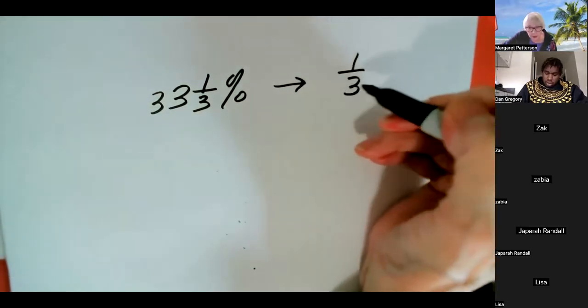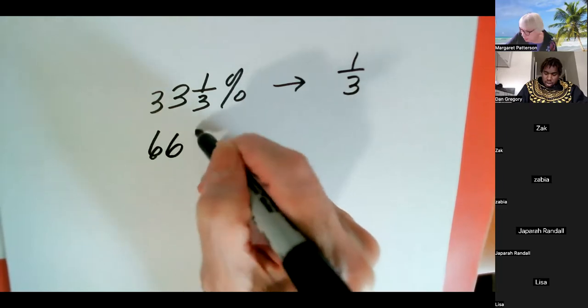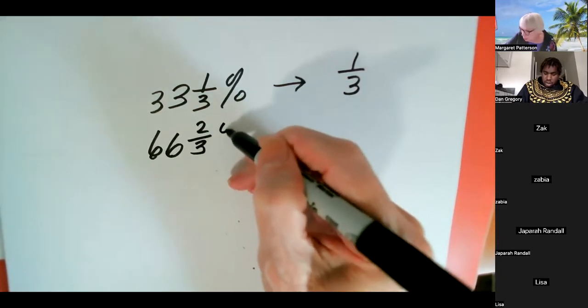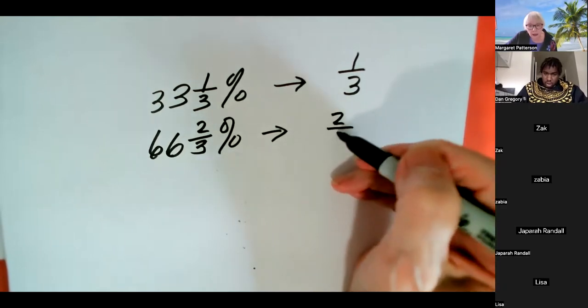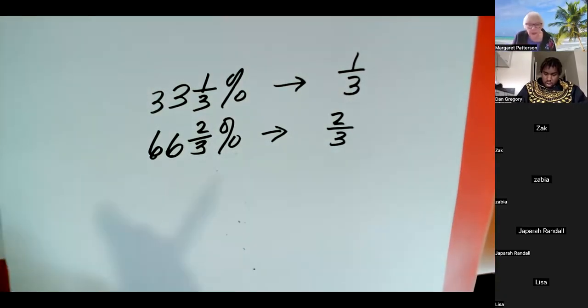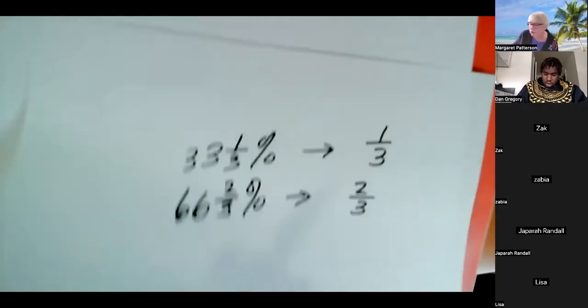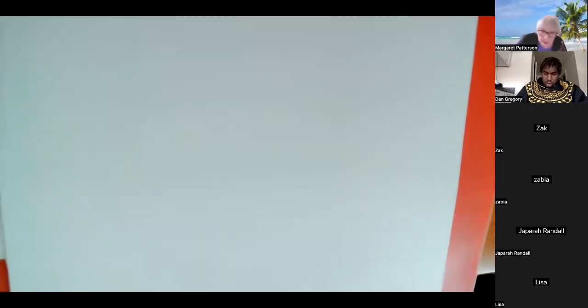Don't think about it, just write it. And 66 2/3% is what fraction? 2/3. That's the end of that. We could do computations for the next 15 minutes, but I think it's easier just to remember that one. Okay. All right.